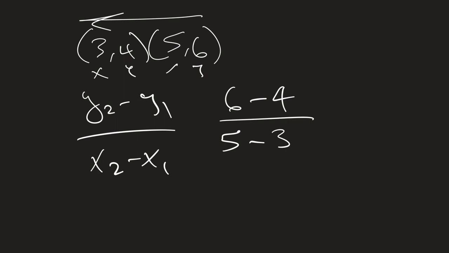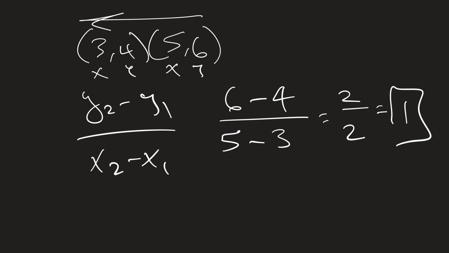Those are your x values. 6 minus 4 is 2. 5 minus 3 is 2. And 2 over 2 is 1. So right there, the slope would be 1.